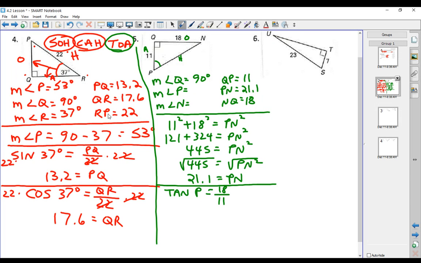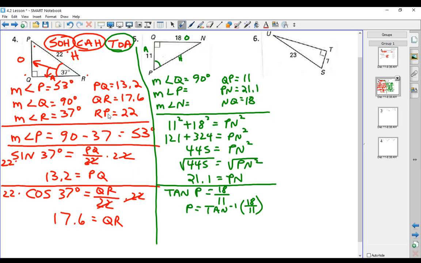Now, in order to get rid of a tangent, we have to do the inverse tangent. So if I do that, the inverse tangent of the tangent would just be the angle. So P equals the inverse tangent of 18 over 11. You will probably have to write that in parentheses when you put it into your calculator.